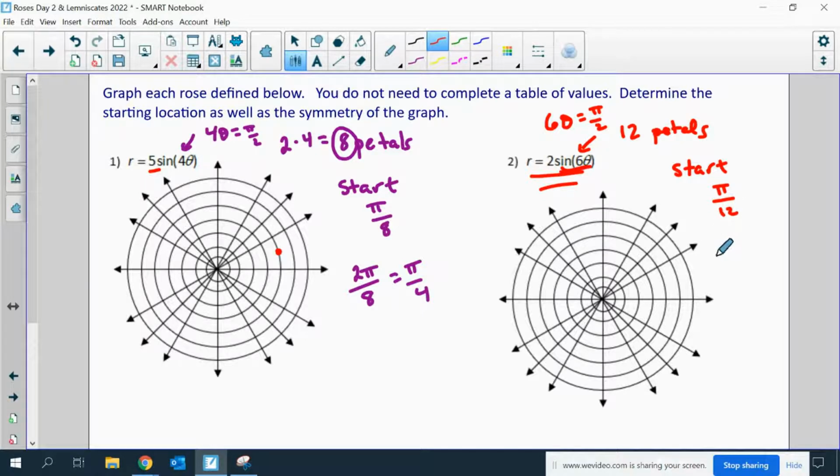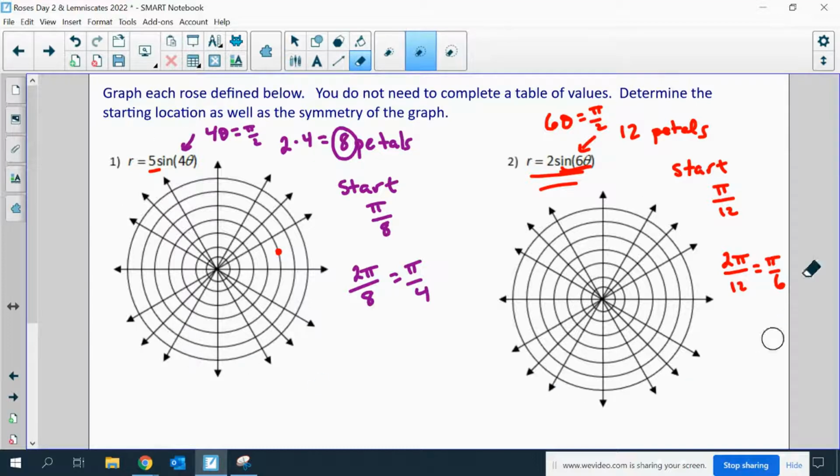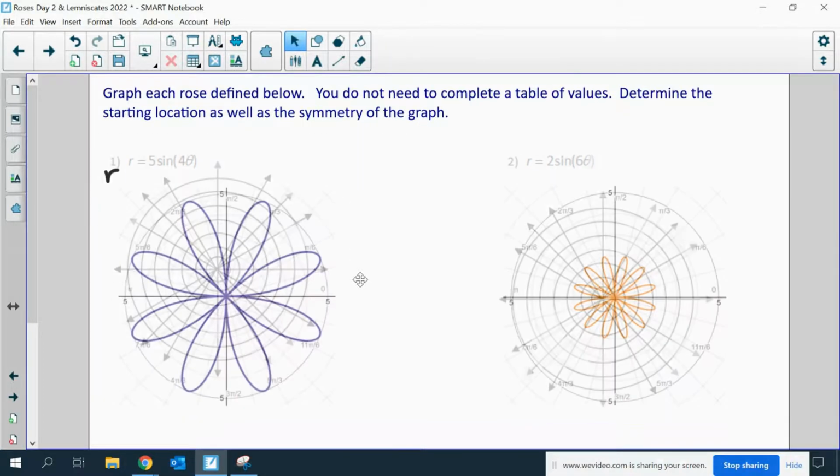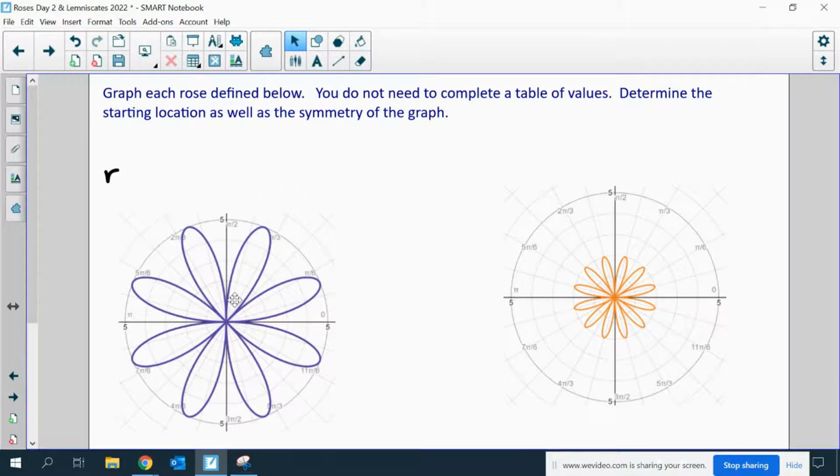So I'll start at pi over 12, and 2 pi divided by the number of petals is pi over 6. That tells me how much I have to move to get to the next petal for my rotational symmetry. And so if I take all of that information and then I graph these things, this is what I end up with.